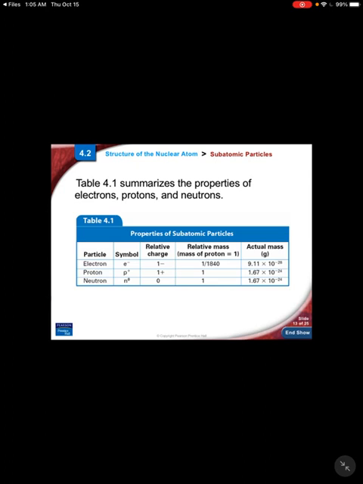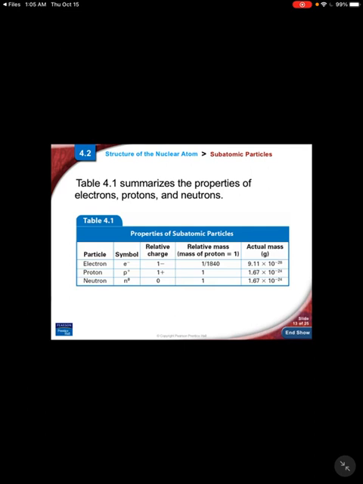It wasn't until Robert Millikan came along. He was working at the University of Chicago, and he was able to see that although we knew the charge to mass ratio of the electron, we could not determine the actual mass of the electron.